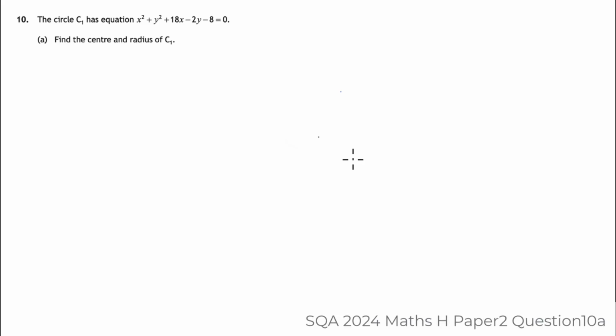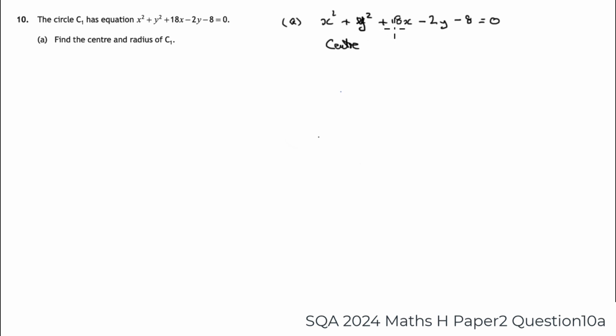So here we have question 10, and we're told that a circle C1 has this equation, and we have to find the centre and the radius of C1. So the method we use, provided we've got the equation in the form of 1x squared plus 1y squared, then we look at the coefficients of the x term and the coefficients of the y term, and these are what's going to be used to find the centre coordinates.